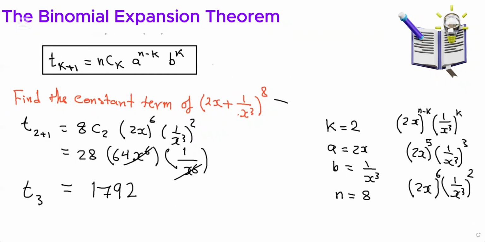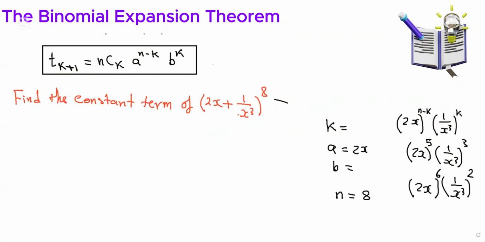The other approach is you write b as x to the negative 3. Now you plug in things in the expansion there.